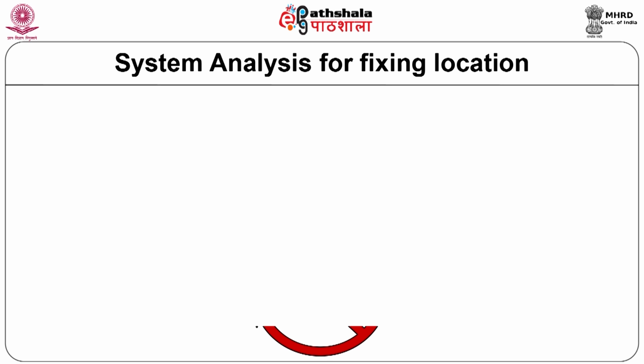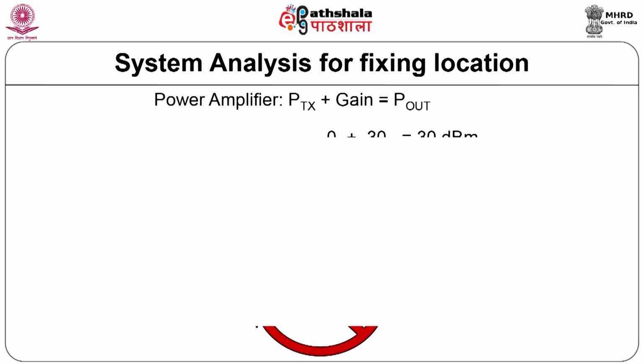Now, one has to analyze the system for fixing the location of this amplifier. If we consider the power amplifier, then PTX plus gain is equal to P out. PTX is 0, gain we have considered it as 30. So, the output power P out is 30 dBm.